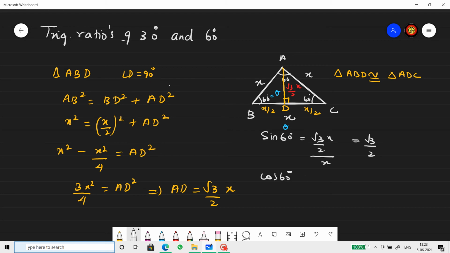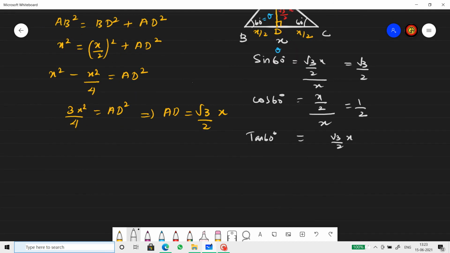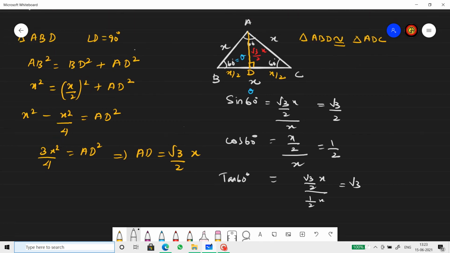Cos 60 adjacent, which is x by 2 by hypotenuse x. So that's 1 by 2. Now tan 60, which is sine by cos or opposite by adjacent. So that means I get root 3 by 2x by 1 by 2x. So that's root 3. So this is how we get the 60 degree values.